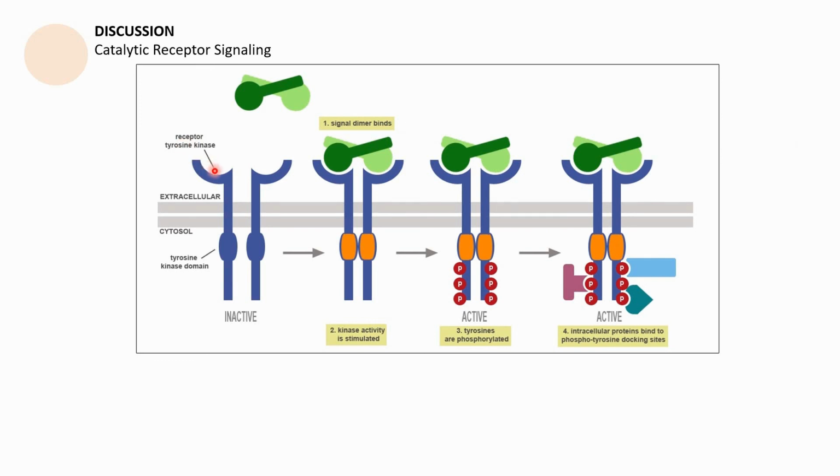This is the receptor tyrosine kinase right here, and then this is our ligand. So the signal dimer binds. So the ligand is going to bind, which will activate the tyrosine kinase domain. Thus, the kinase activity is stimulated, and then the mangyayari is tyrosines are phosphorylated, okay, in this end.